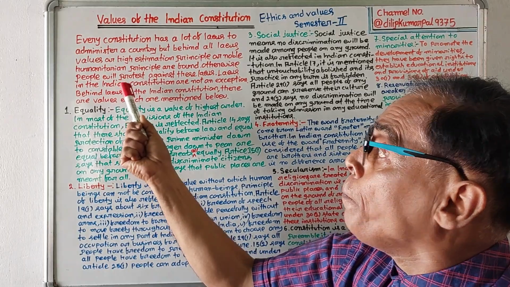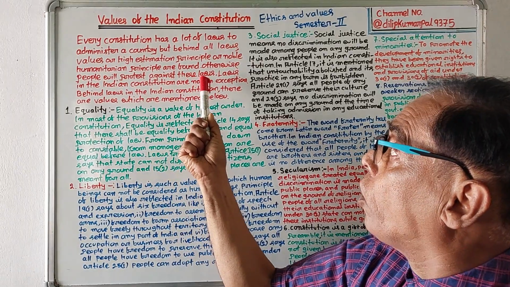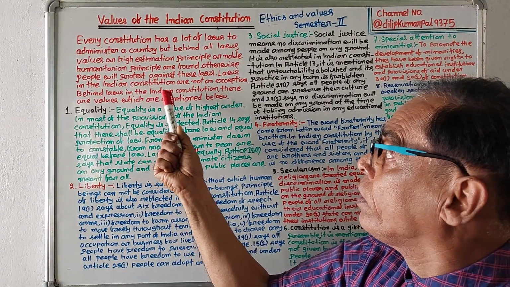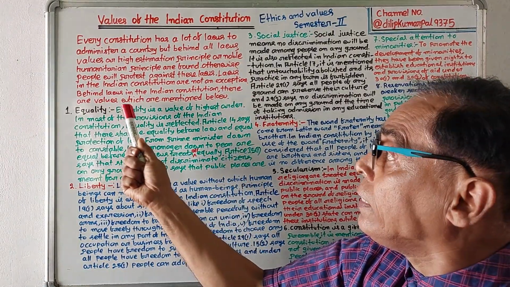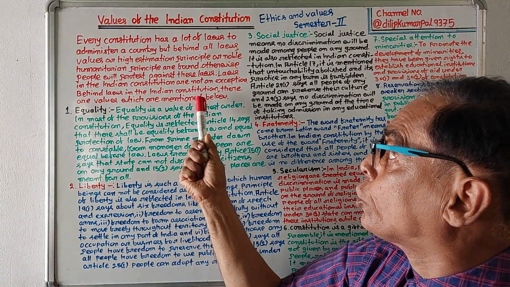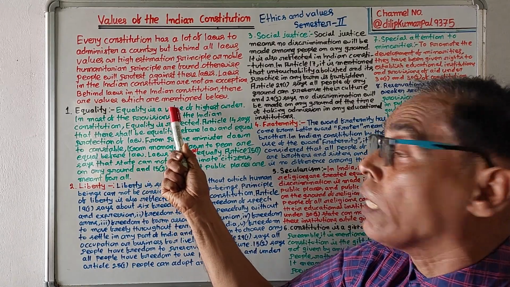Otherwise, people will protest against these laws. Laws in the Indian Constitution are not an exception. Behind these laws in the Indian Constitution, there are values which are mentioned below.